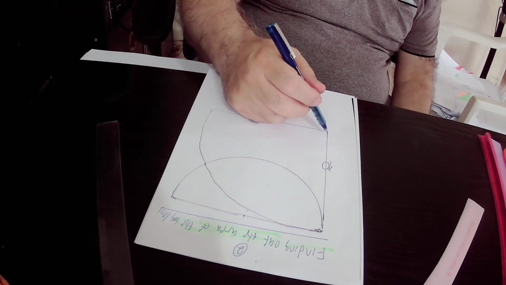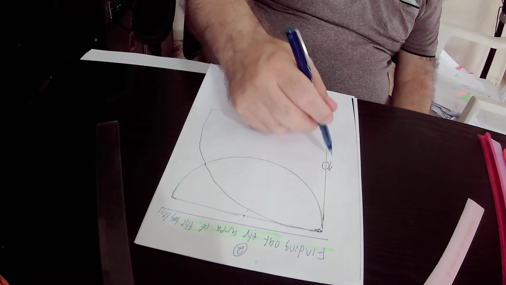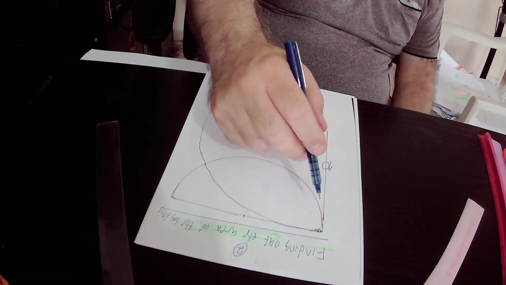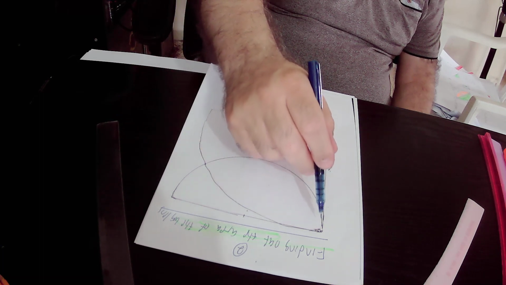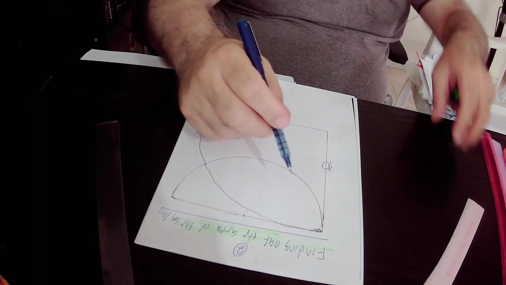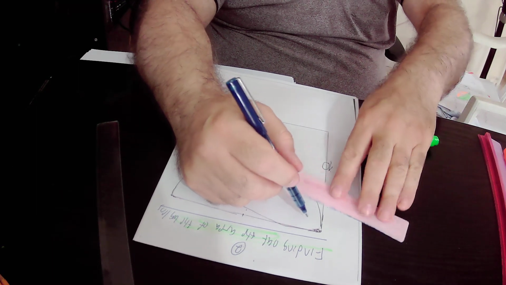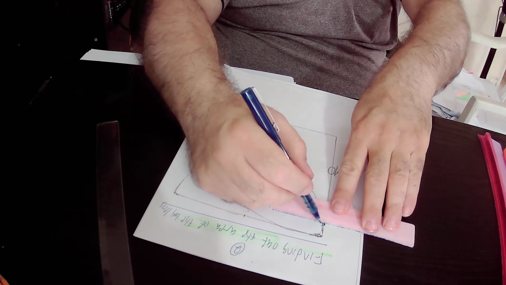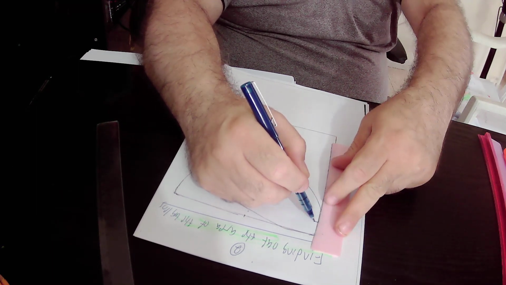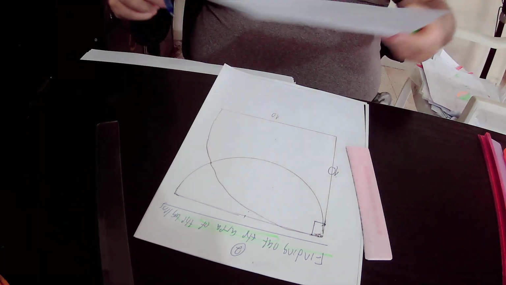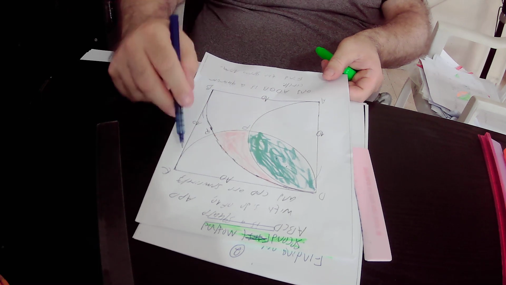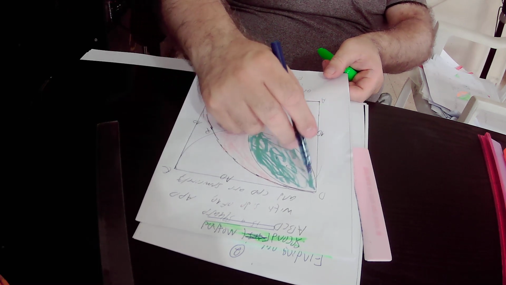Because one side of the quarter circle is perpendicular to the other side of the semicircle. So this angle equals 90 degrees. You can see it from the drawing that this quarter circle is perpendicular to this semicircle. So this angle equals 90 degrees.